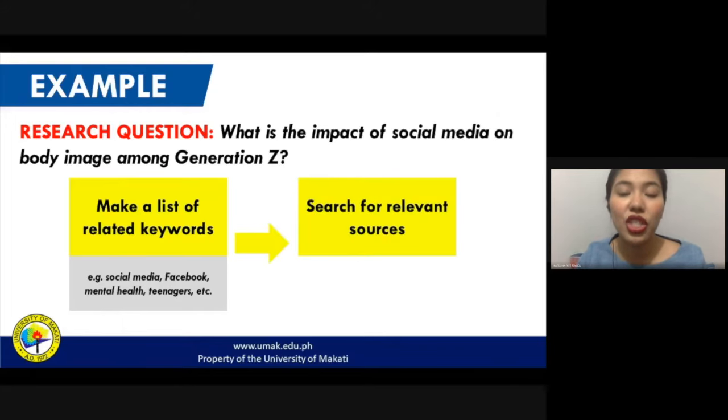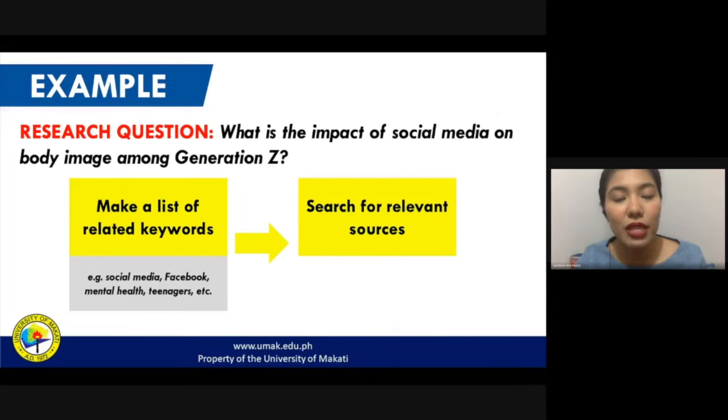And then after which, you can search for relevant sources. Okay, not because it appears on the internet, you will consider the source credible. Make sure that the literature where you're going to get your information from is a properly published and peer-reviewed source or reference.